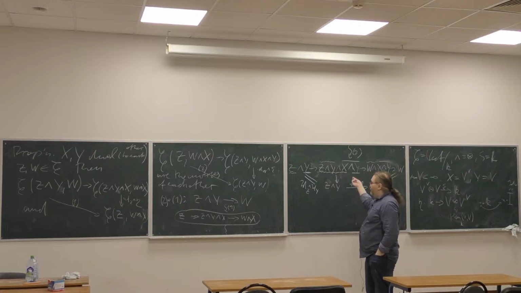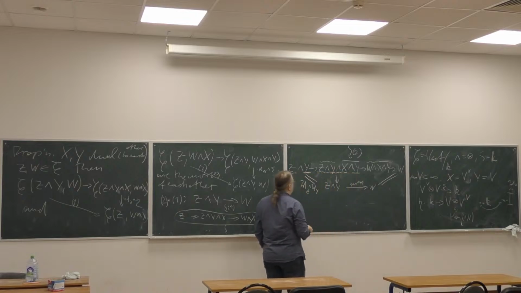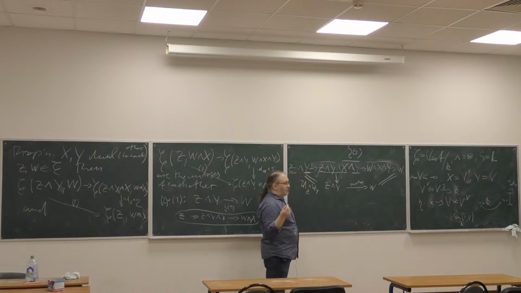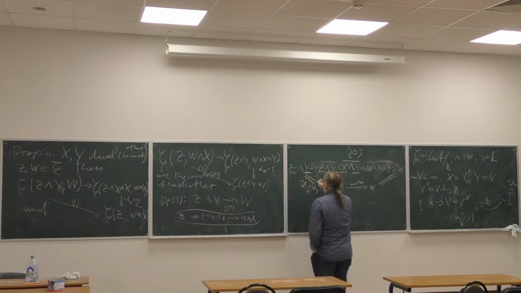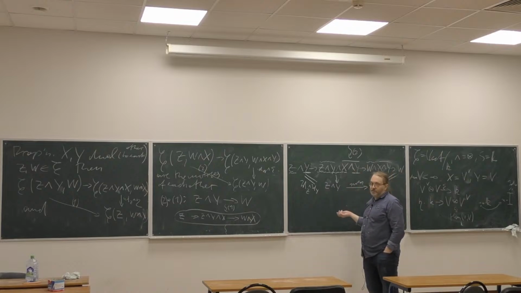By one of the identities in the definition of the dual objects, if we first insert Y wedge X on the left of Y, and then we collapse X wedge Y, we get the identity of Y.